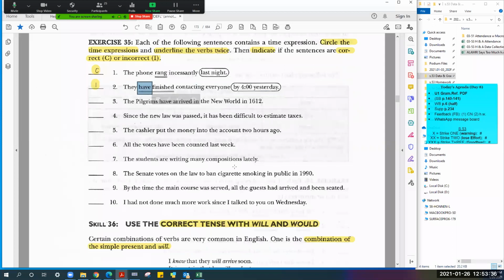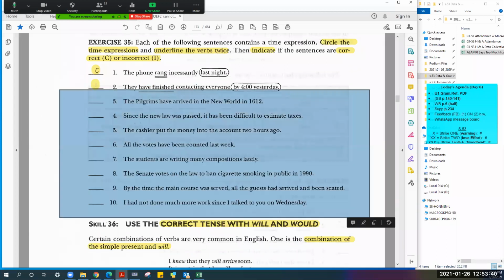Okay. Guys, let's try this exercise right now. I'm going to give you a timer.